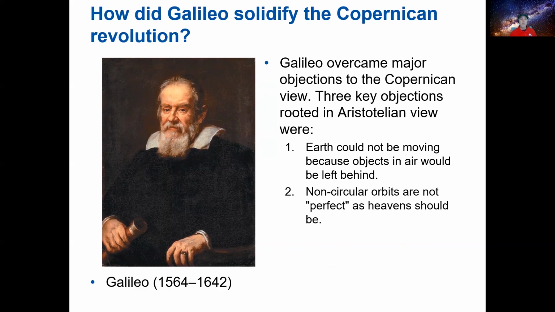The non-circular orbits proposed by Copernicus contradicted Aristotle's claim that the heavens, the realm of the sun, the moon, planets, and stars, must be perfect and unchanging. The third objection was that despite many efforts, no one had detected a stellar parallax that should occur if Earth was really orbiting the sun.